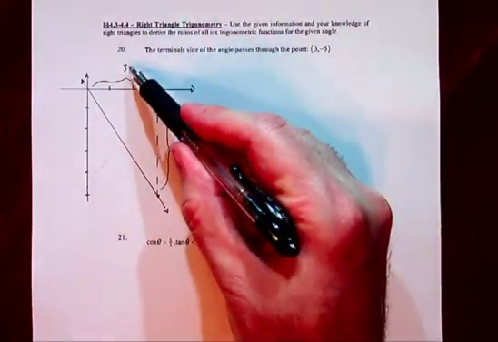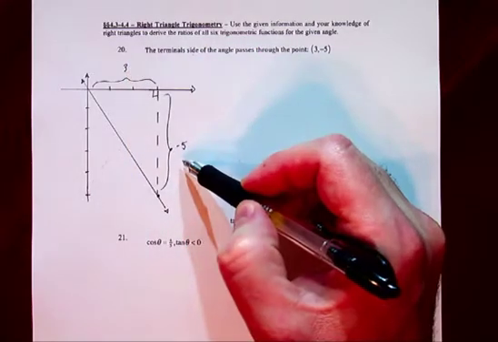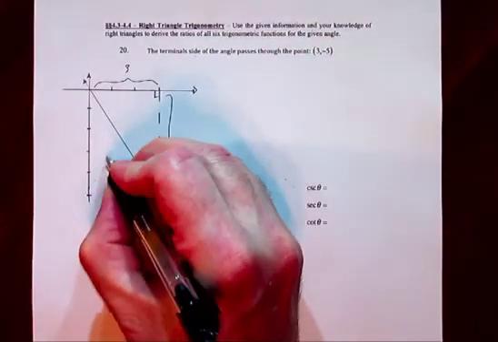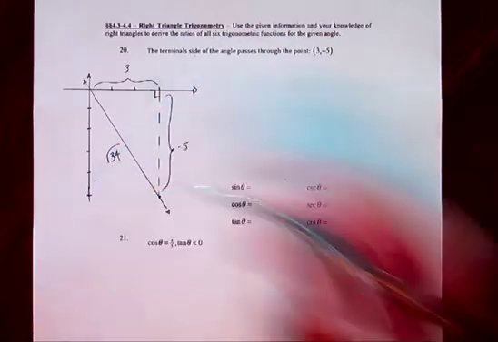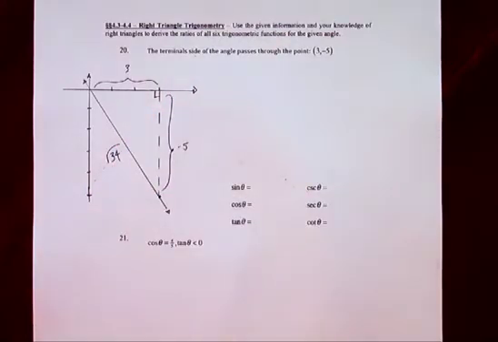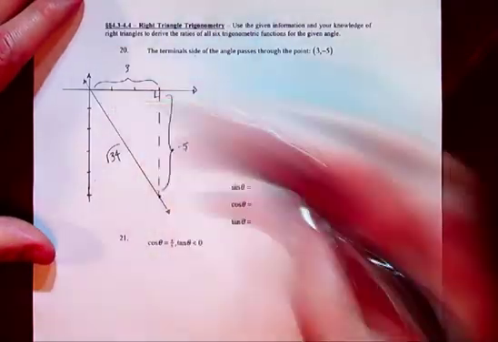So 3 squared is 9. -5 squared is 25. This over here is root 34, which is just a little shy of 6, right? Because 34 is almost 36. From there, it actually should be relatively easy to just read the ratios right off of the triangle.